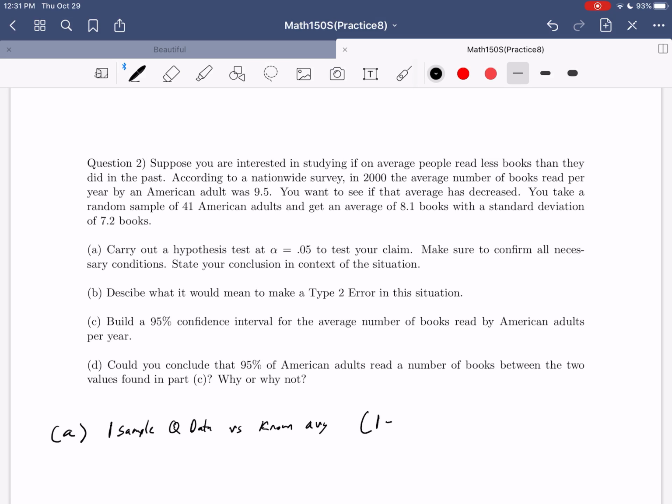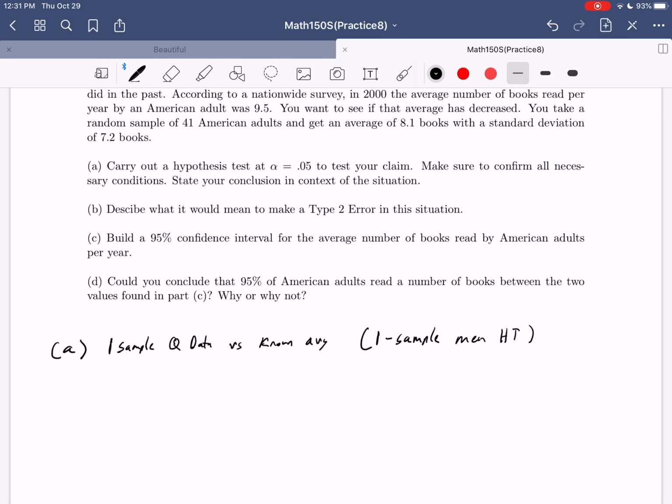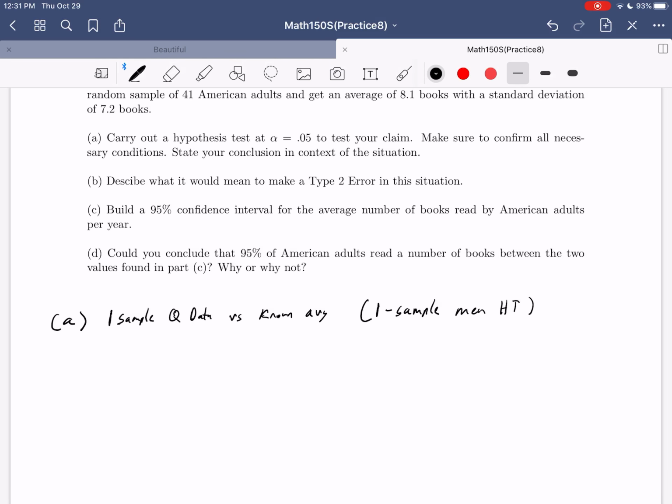That makes this what we call a one sample mean hypothesis test. Of course, that's what it had to be because at this point in our course, that's the only one we've talked about. But as we go further, it'll become more and more important that you can identify the type of test. So here we have one sample, 41 American adults. We're talking about a quantitative variable. How many books did you read? And it's going against a known average, this average from 2000. All right, remember hypothesis tests are 5-step processes.